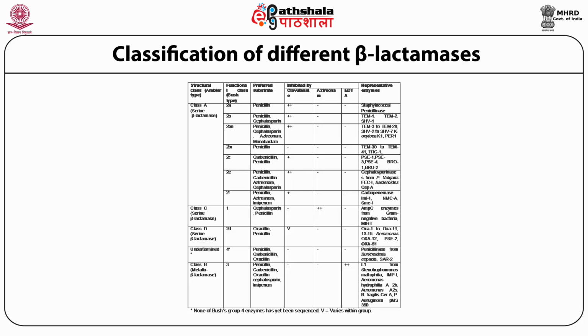Similarly, class C beta-lactamases, that is class 1 of Bush et al., are inhibited by aztreonam, not by clavulanic acid and EDTA, and their example is the AmpC enzyme. So this table summarizes all the classes, their substrate, their inhibitor and representative enzyme of beta-lactamases.